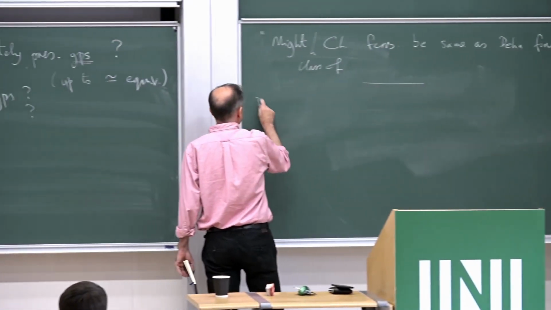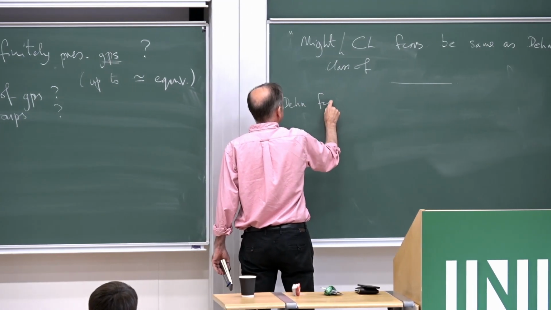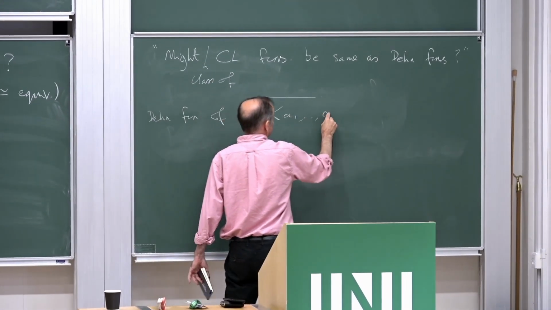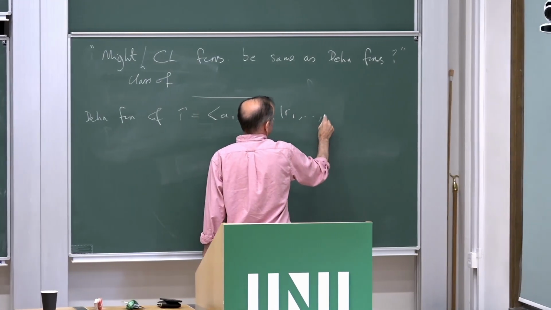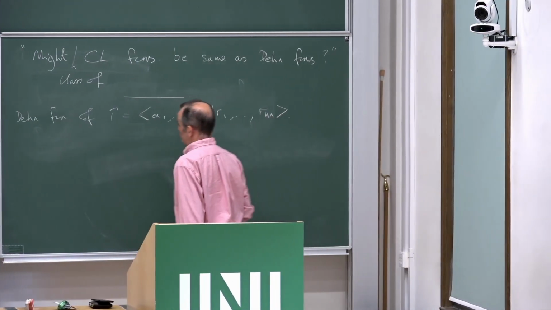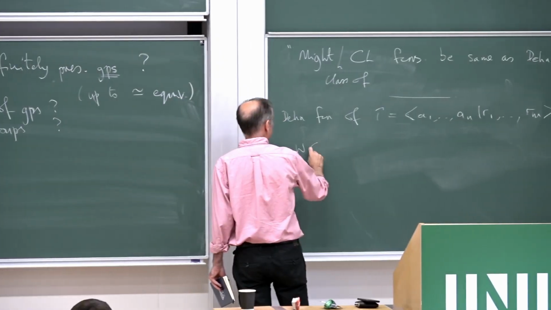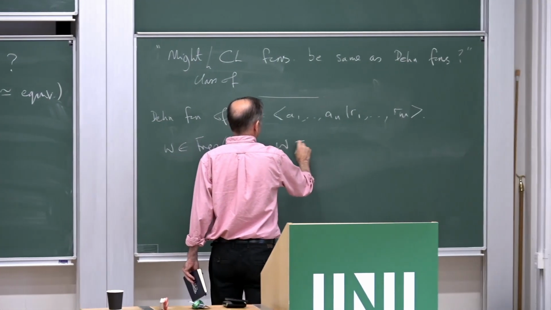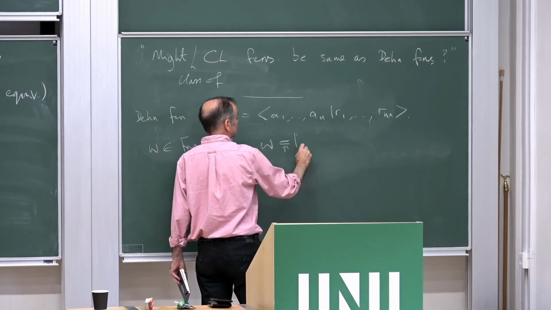Just to remind you, the Dehn function of a finitely presented group is the analog where you take a direct geometric measure of the complexity of the word problem. So if you've got a word in the free group on the a's, and the word equals the identity in Gamma, well, what does that mean?